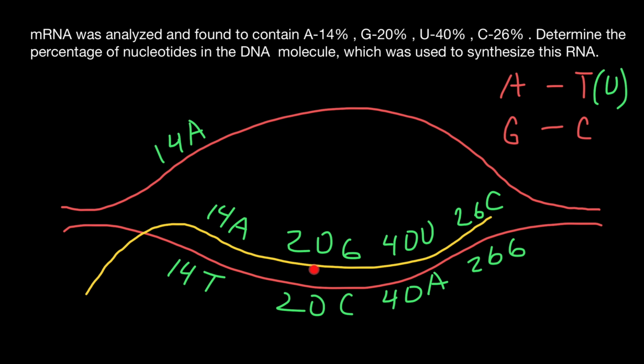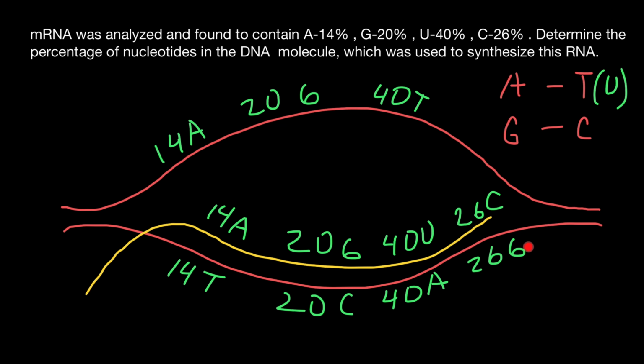So if we have 20 cytosines here, cytosine base pairs with guanine, so we will have 20 guanines on the coding strand. If we have 40 adenines here and 40 uracils, adenine base pairs with thymine, so we are going to have 40 thymines.